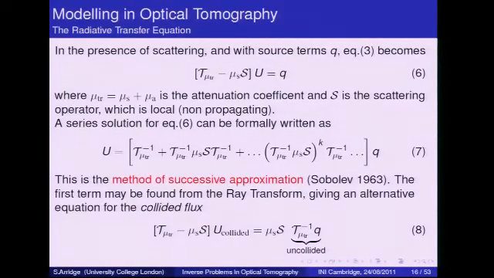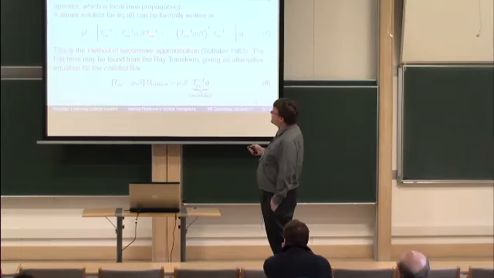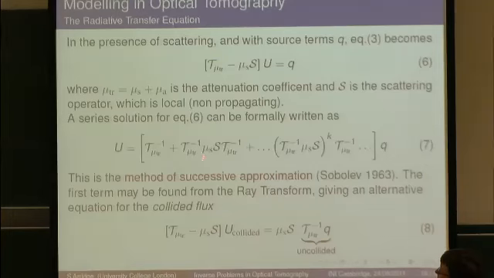One solution method is to write a Neumann series for it, known as the method of successive approximations in the book by Sobolev. It's very easy to understand. We simply take the source and propagate it. Inverting this transform just means propagation along a ray. If we propagate along this ray, scatter locally, propagate again, and repeat this, we get this series solution.